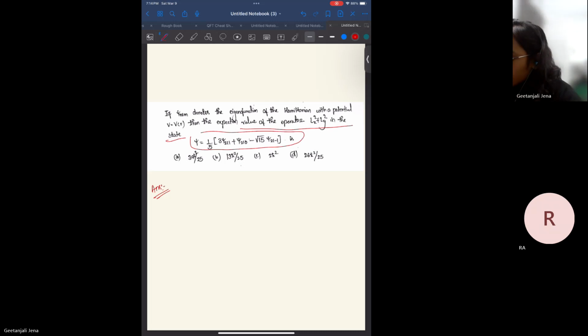So it is asking about what will be the expectation value of Lx square plus Ly square when you have the state psi equal to 1 by 5 of 3 psi 211 plus psi 210 plus root 15 psi 21 minus 1.